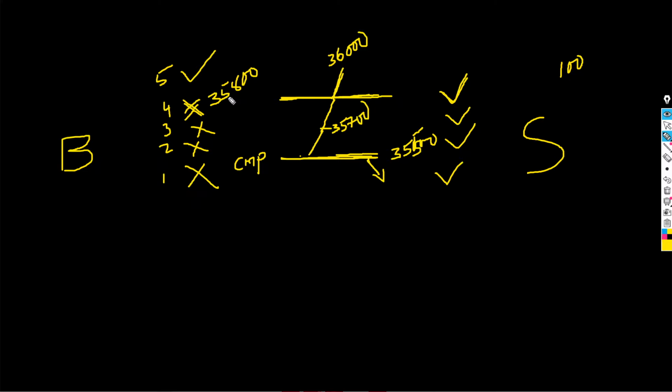From 35,800 to 35,900, the seller is not going to lose a single penny because he has already received 100 rupees premium. Only when the market goes above 35,900 does the unlimited loss start.